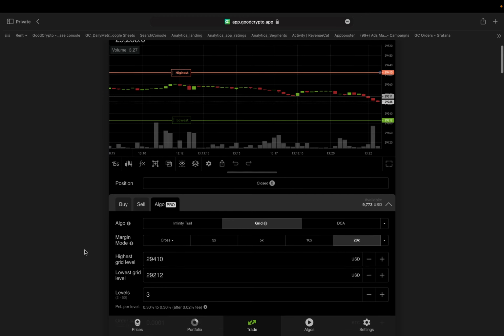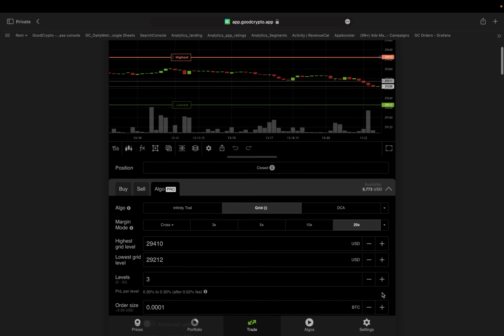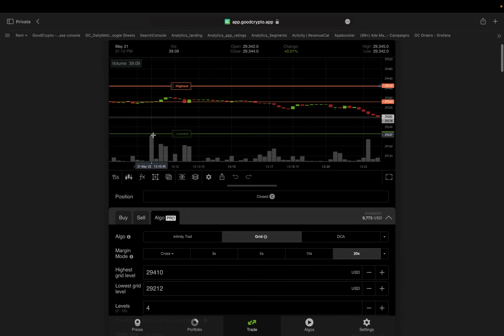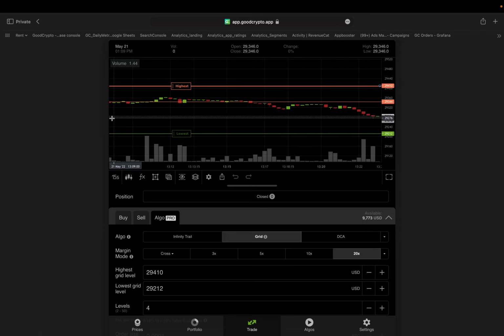So let's see what happens if we add another grid level. Okay, again, pretty much the logic stays the same, right? So now we have 1, 2, 3, 4 grid levels, as you can see here. One grid level, which is closest to the market price, is kept idle or empty.